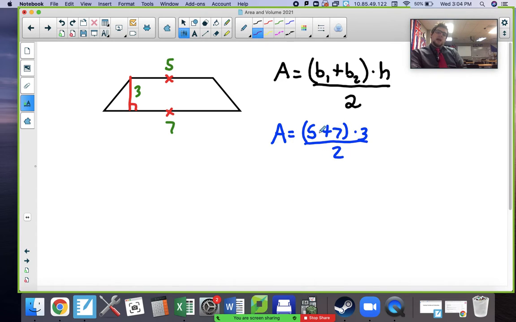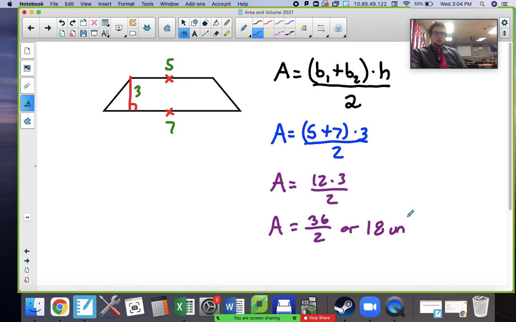You have to add these two numbers first before you can multiply or even divide. We add them together, we get 12 times 3 divided by 2. So that's 36 over 2, or just 18 units squared.